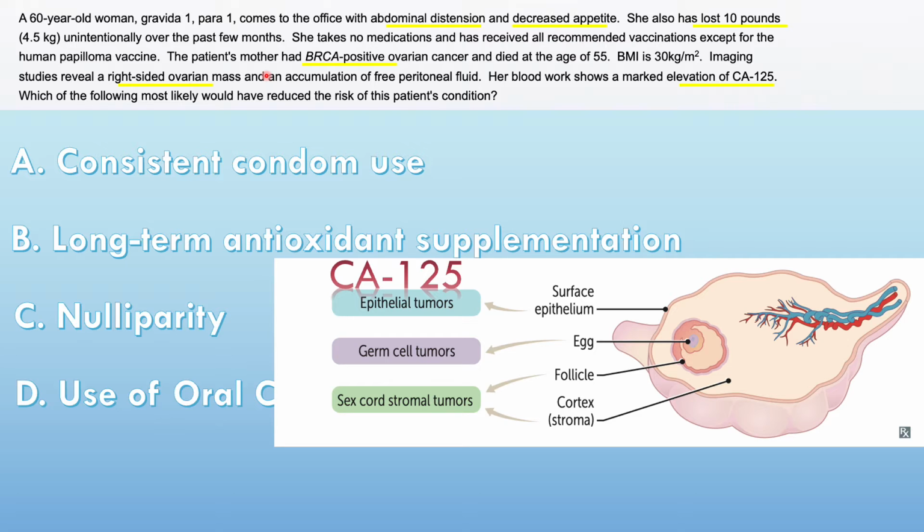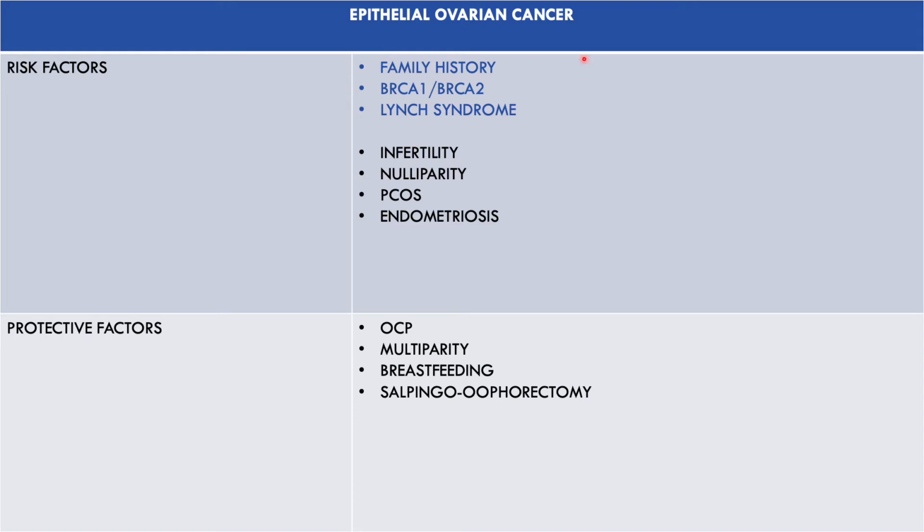So obviously she has risk factors, factors that increase the risk of ovarian cancer, and there are factors that are protective, okay? Factors that increase the risk include family history, BRCA1, BRCA2, or Lynch syndrome. All these you can see are genetic. So that's how I classified them.